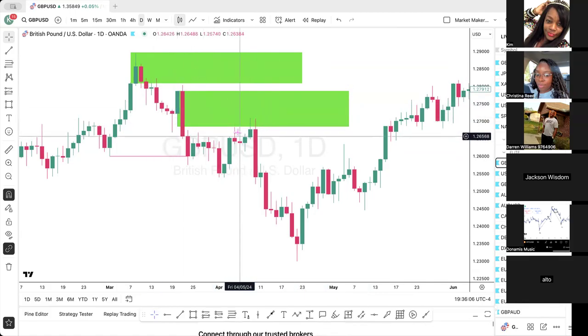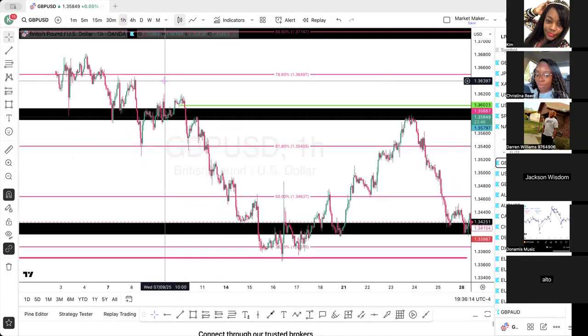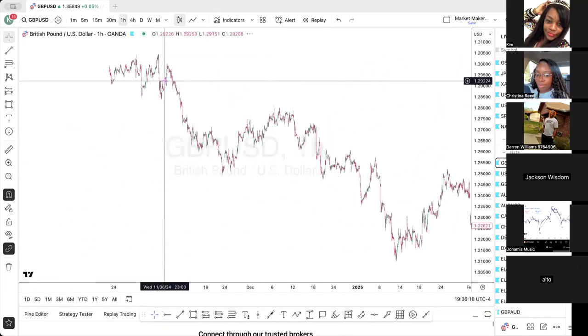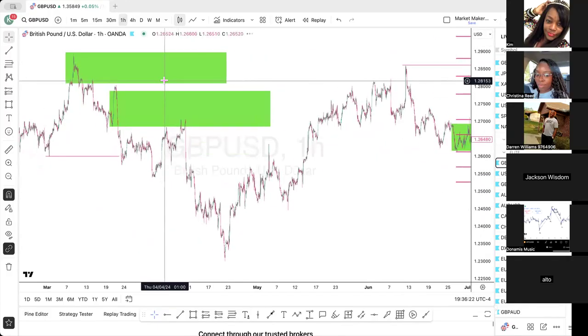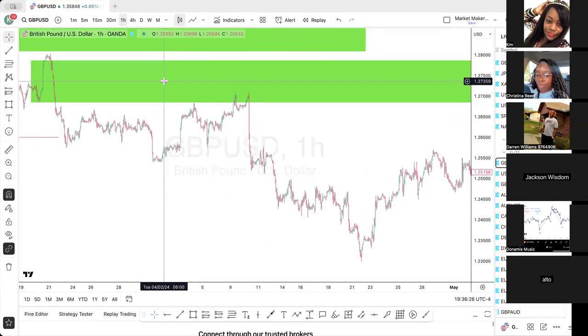So even if I was just looking at when price pulled back here and I went down to a lower time frame, okay? Where was it? Right here. And say I went down to this lower time frame. Let me see if I can get it on the 15-minute.